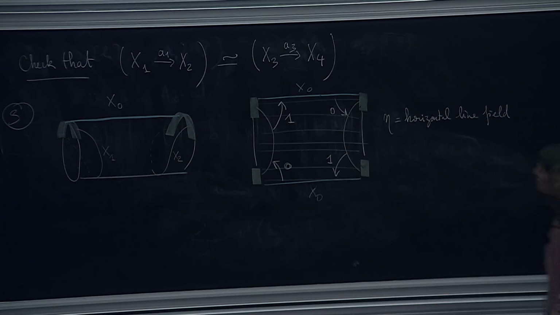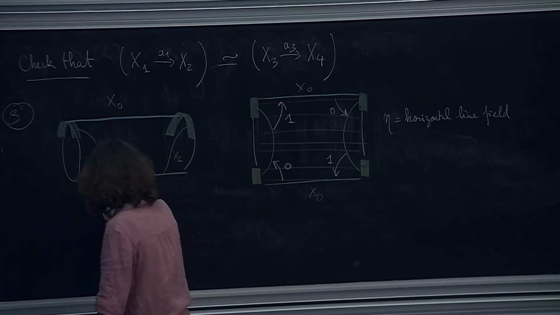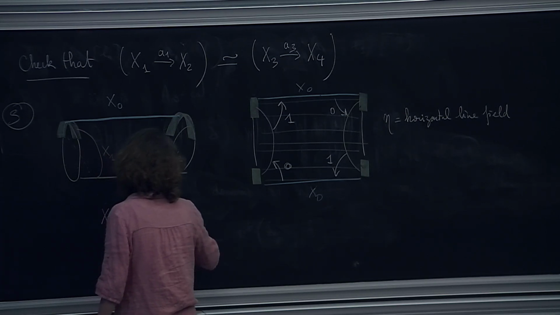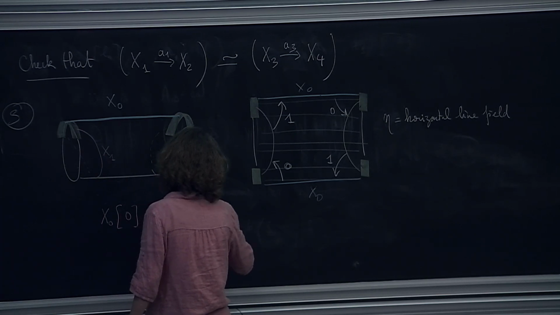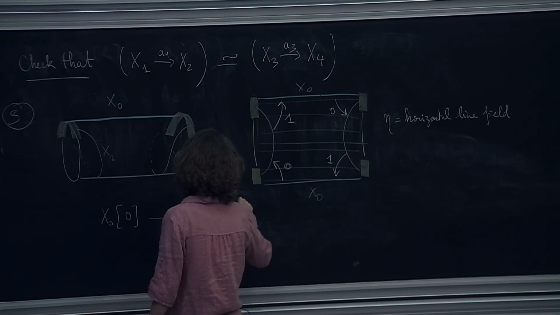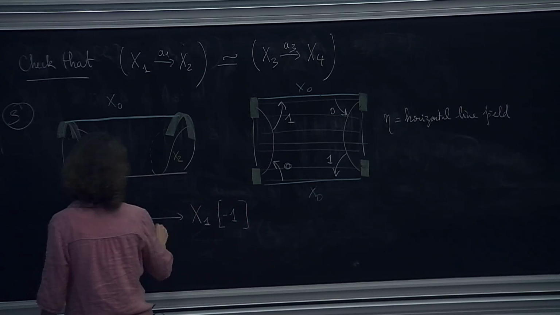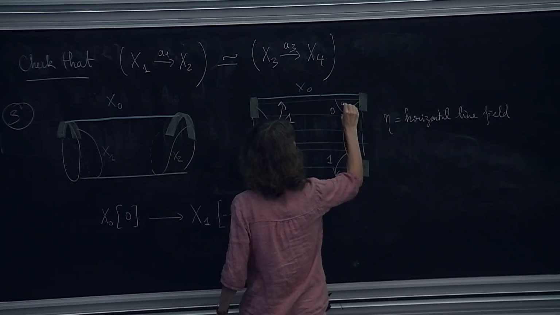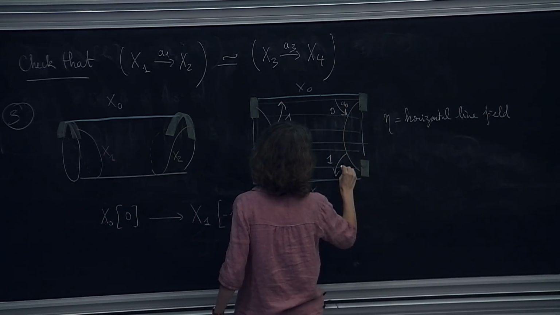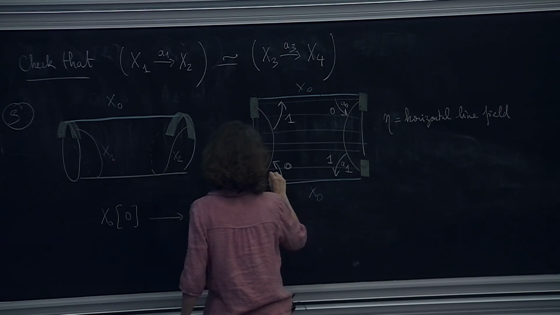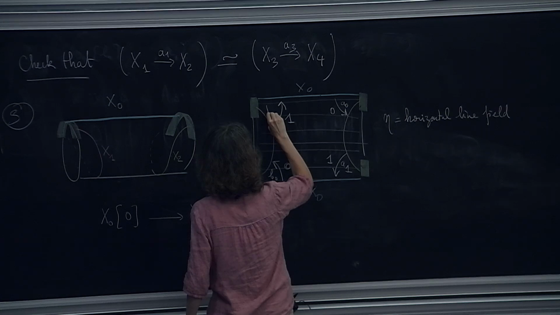So now I can look at, for instance, this complex. Here, this is the row of degree 0. Maybe this is A0, A1, B0, B1.